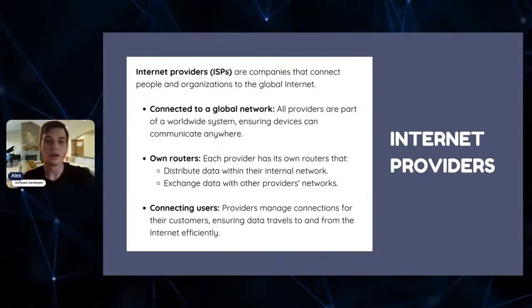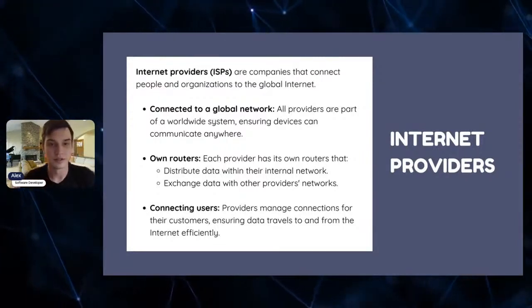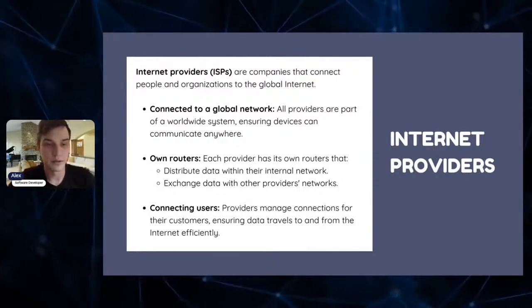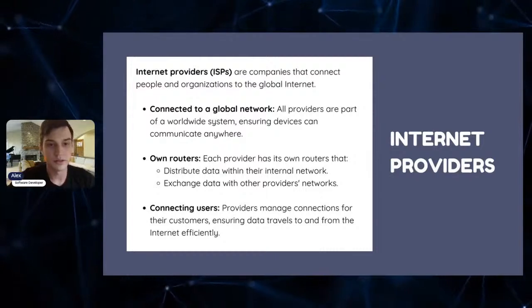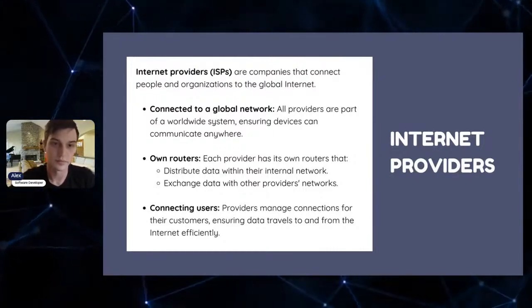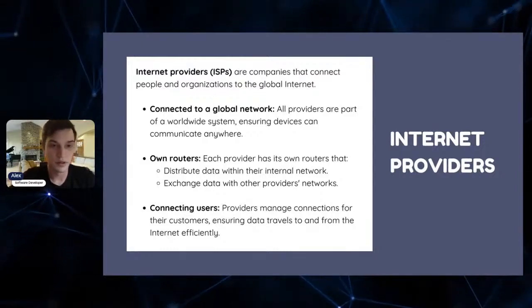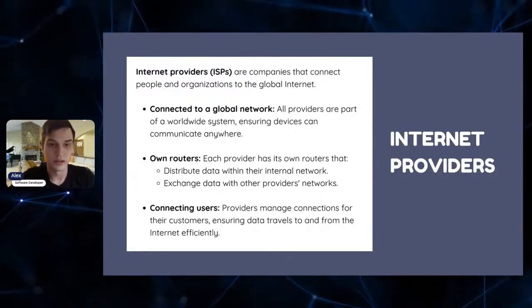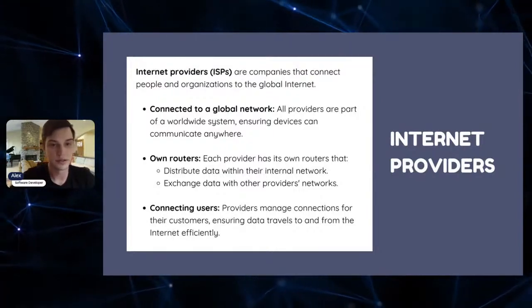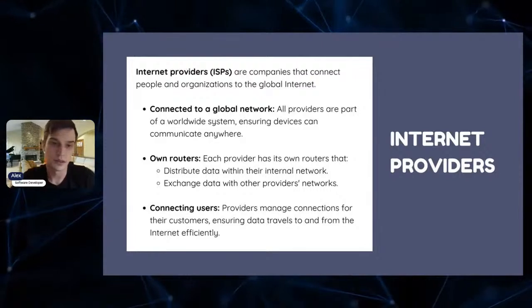I think more. So here come internet providers. So what do internet providers do? They connect everyone in a global network. So providers are connected to each other, and I will show you how in the next slide. So a provider can be described as a router. He takes some data from other providers and from his clients and sends it somewhere else.